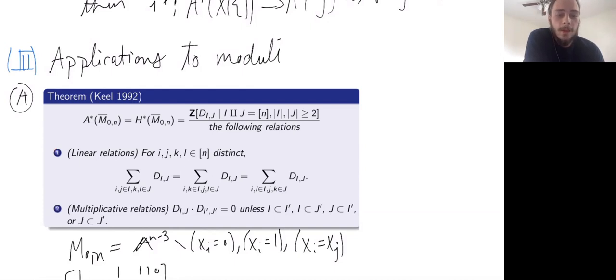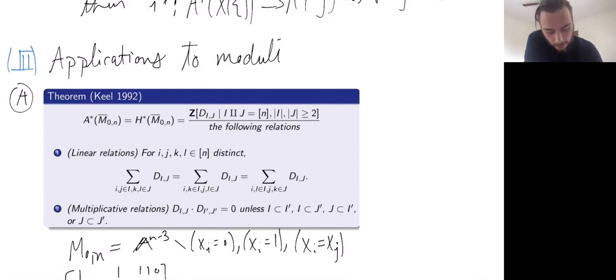If you're familiar with what the Chow ring of a smooth toric variety looks like, you'll see that this basically looks like the Chow ring of a smooth toric variety, and in fact, there's a very good reason for that.